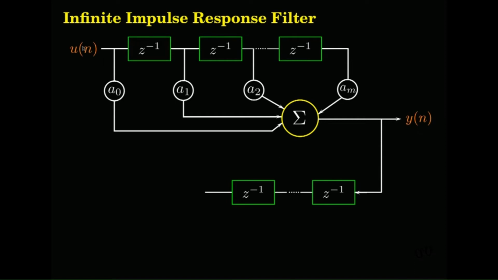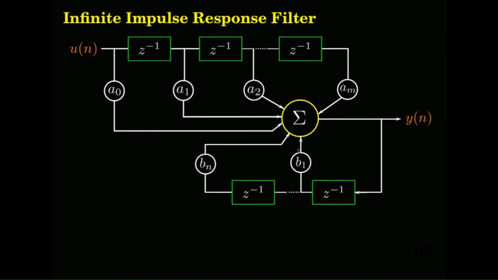Just like you passed the input through a series of unit delays z to the power of minus 1, the output can also be tapped off and passed through a series of them. Then I can tap off, just like I tapped off from here and scaled, I can tap off from here and scale.